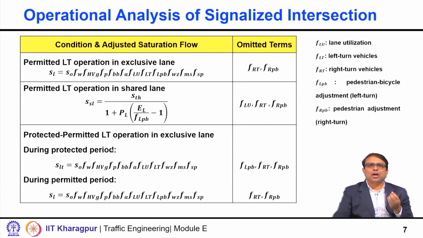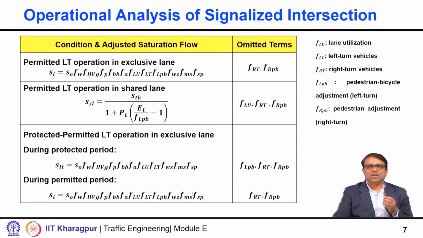Now, protected permitted left turn operation in an exclusive lane. I have also taught you what protected permitted operation is. When the protected period is there, it is given like this, very similar and very logical; what was omitted you can understand from the generalized equation. In the same way, during the permitted period the pedestrian volume will come into the picture, the left turn pedestrian volume.